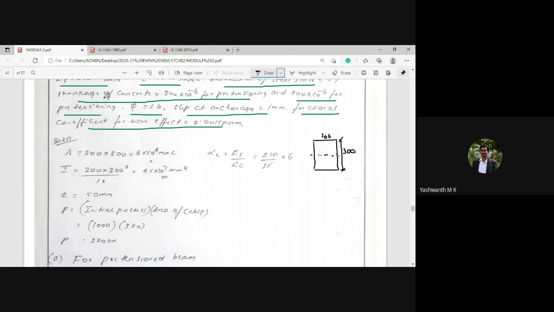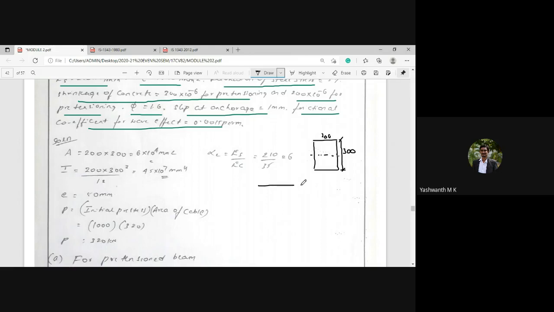First let us calculate the cross-sectional area, which is essential. 200 multiplied by 300, that is 6 into 10 to the power of 4 millimeter square. And next, we require moment of inertia, I. For a rectangular section, we know the formula is BD cube by 12, that is 200 multiplied by 300 cube by 12, which is 45 into 10 to the power of 7 millimeter to the power of 4. And the next is eccentricity, which is 50.